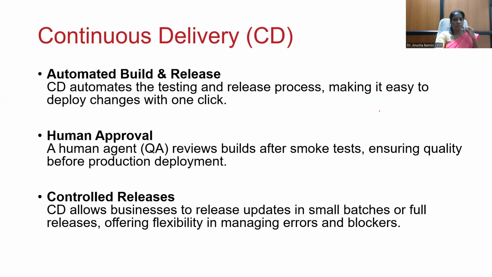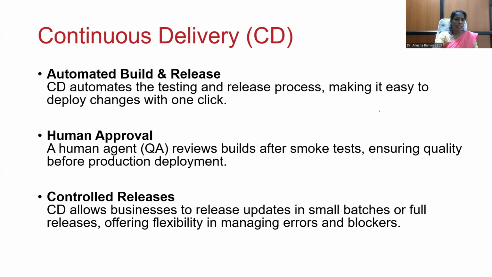If there is an error, or if changes are needed based upon a new data set or a new environment, the branch will create a trigger. The trigger means unexpected changes created by the particular platform. So based upon the triggers, the continuous changes happen. So continuous delivery supports automated build and release. Then, as I said earlier, human approval is necessary. Human agent review is needed after the smoke test.